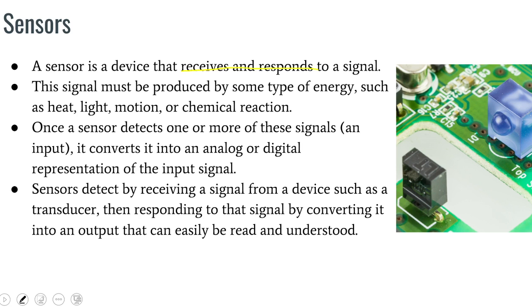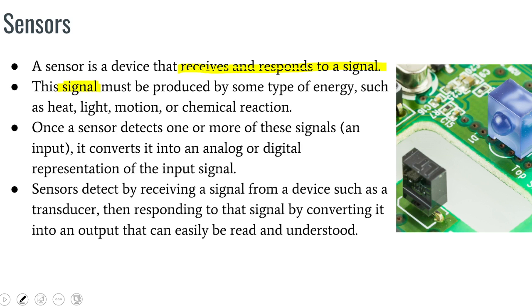There must be some signal produced from the environment, something like heat, light, motion, a chemical reaction. Those are what we would identify as a form of energy that in turn would result in a signal.